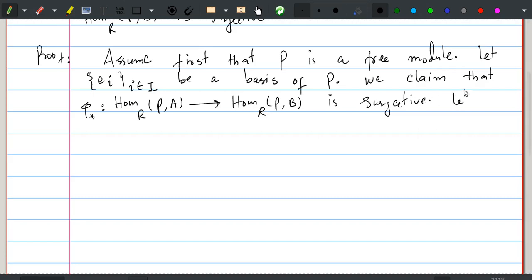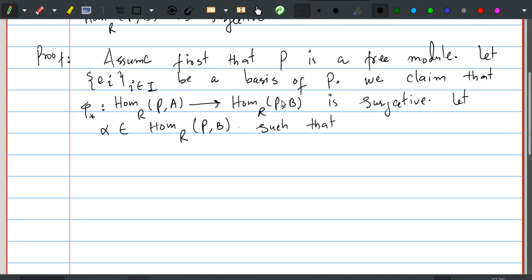An element here is actually a linear map from module P to module B. So let alpha belong to Hom(P,B), such that alpha is a linear map from P to B.